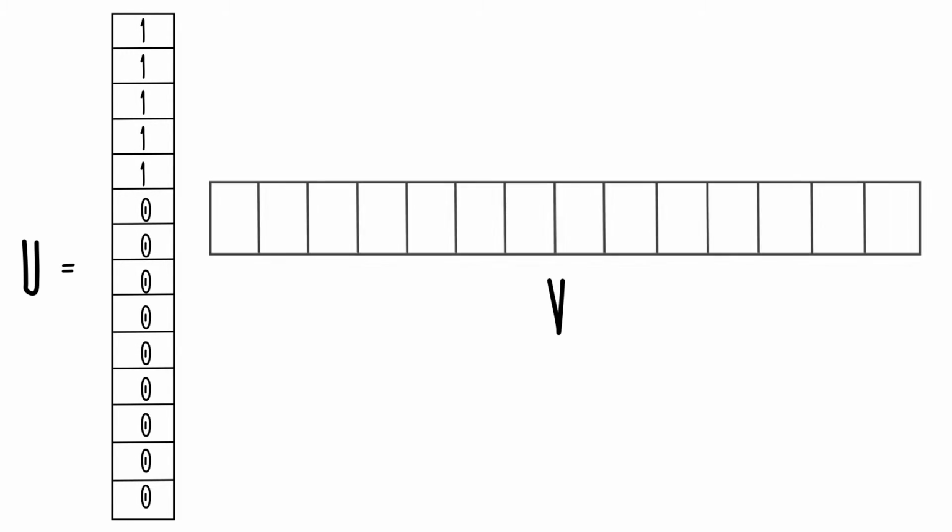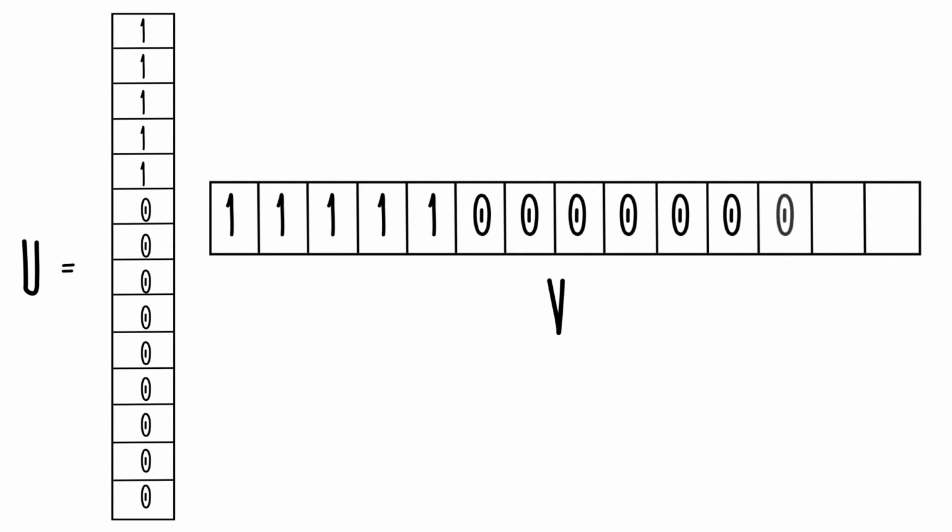And V is a row with only zeros and ones where the ones indicate the movie is about dancing. We say that U outer V is the outer product between column U and row V.